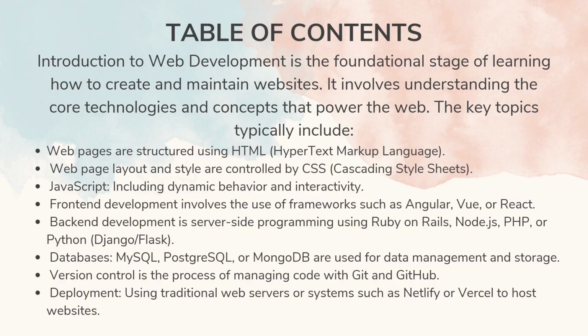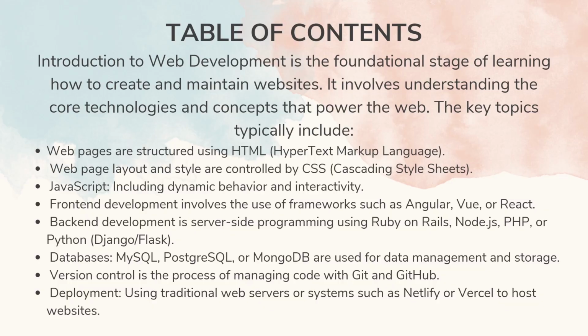Front-end development involves the use of frameworks such as Angular, Vue, or React. Back-end development is server-side programming using Ruby on Rails, Node.js, PHP, or Python, with Django or Flask.